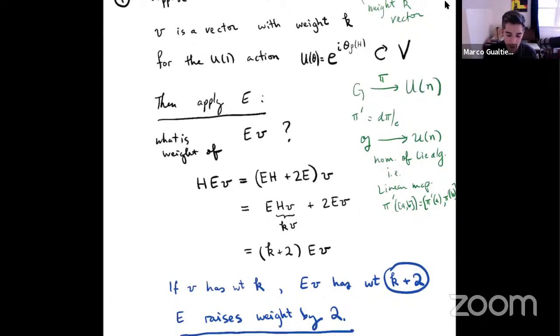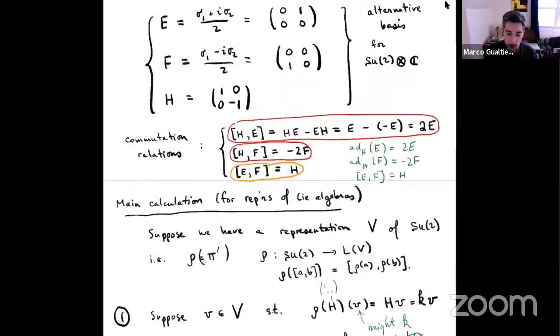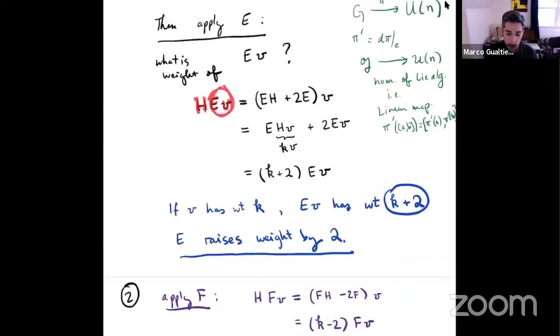So how do we prove that? Let's apply the raising operator to V, and then test what the weight is. Let's apply H to this. Well, the commutation relation says that HE minus EH is 2E. So HE is equal to EH plus 2E.